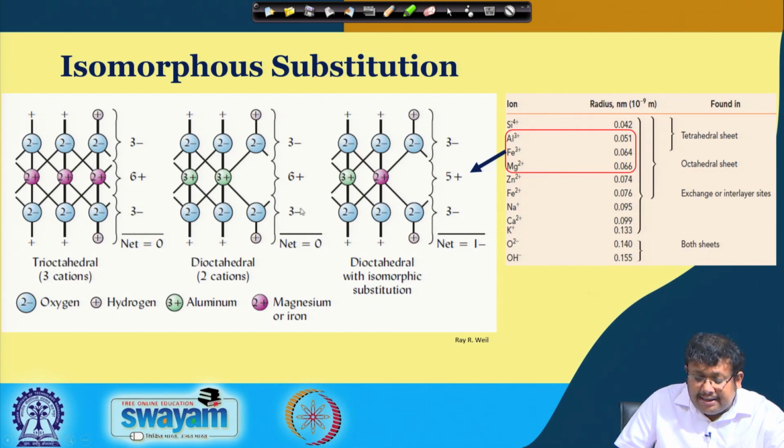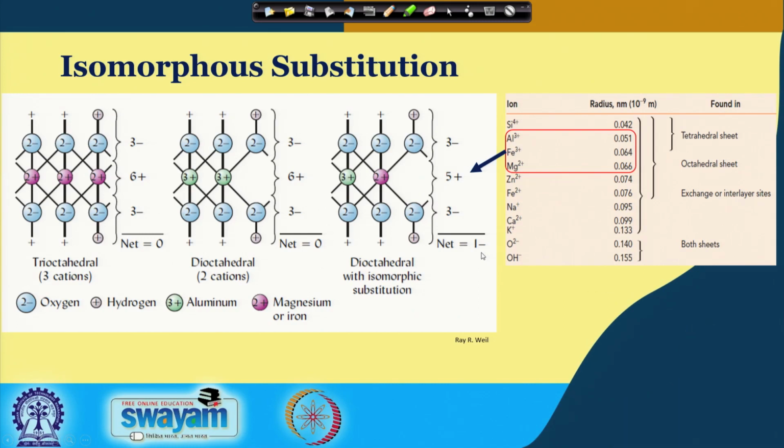When this isomorphous substitution occurs in the octahedral sheet, suppose we are replacing one aluminum ion with one magnesium with the valency of 2 plus, we will get a dioctahedral structure with isomorphous substitution. Here the total positive charge is +5 and the total negative charge is -6. Ultimately, we are getting an excess of negative charge.